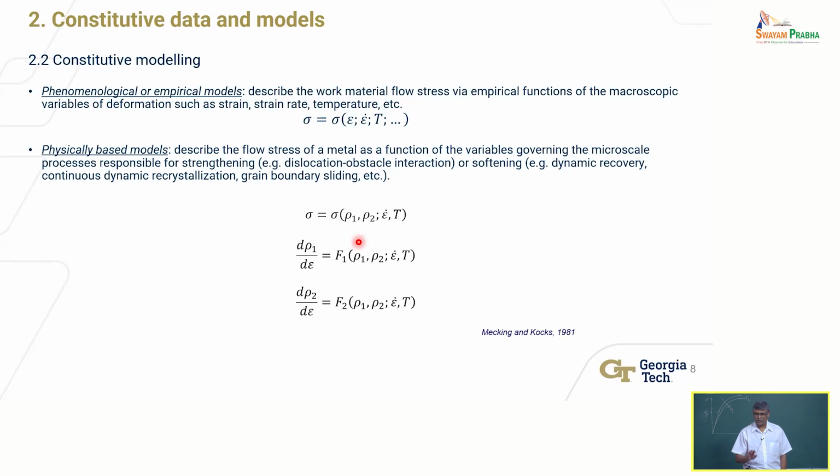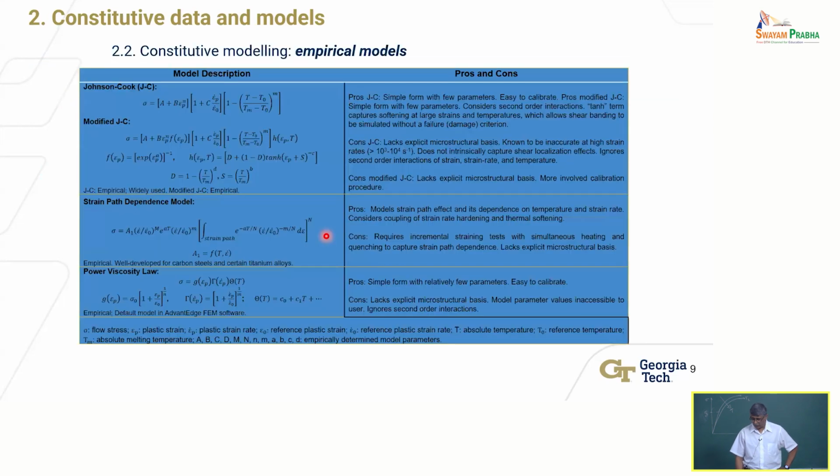So it's a more complex way of describing it. This is called a physically based model. So there are two types of models one can use. The advantage of this is that it tells me the macroscopic properties of the material as a function of microscopic behavior, okay? I don't want to confuse you, and this is, I know, probably way beyond what most of you undergraduates in this class can understand.